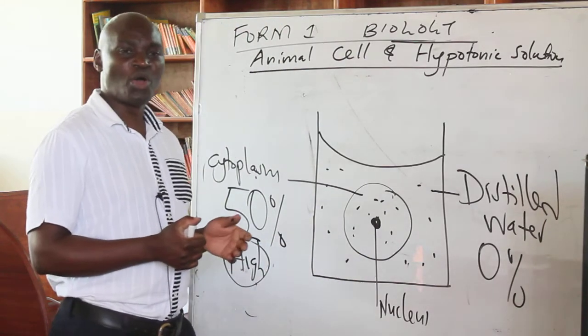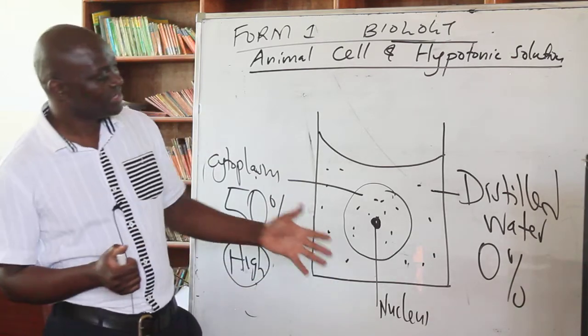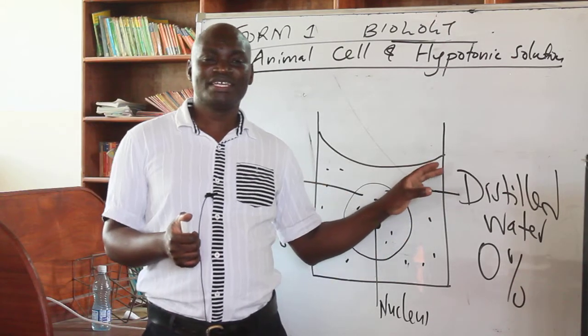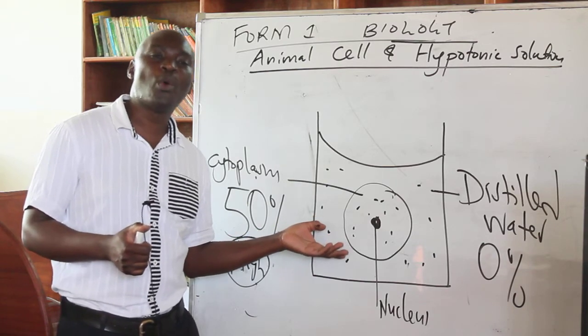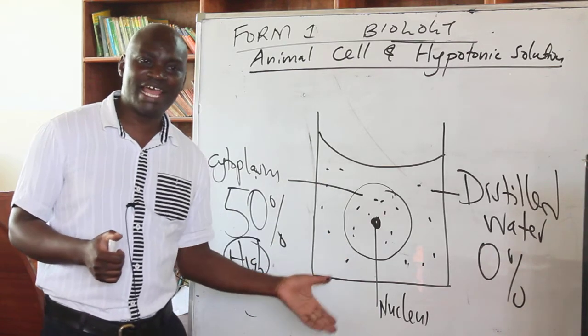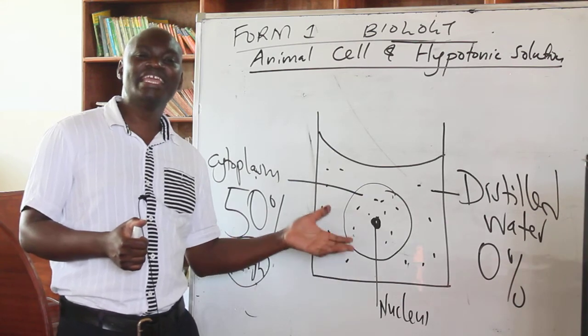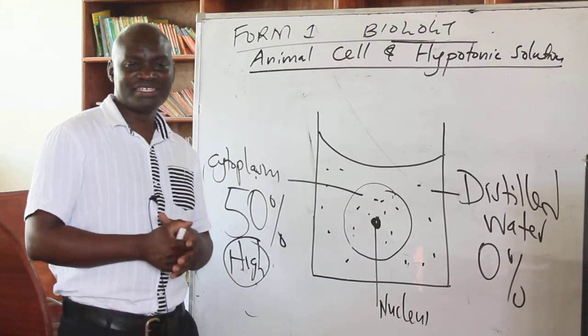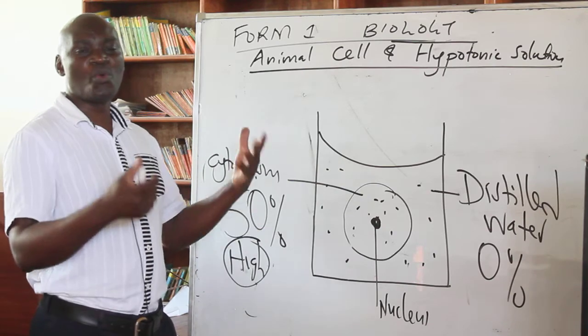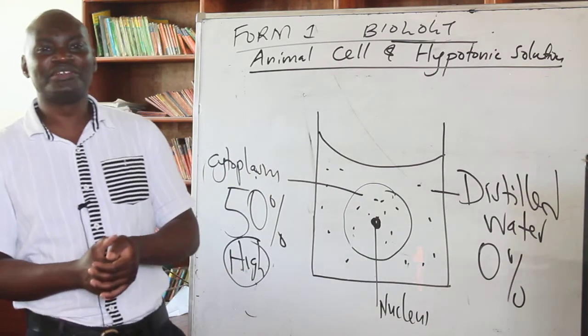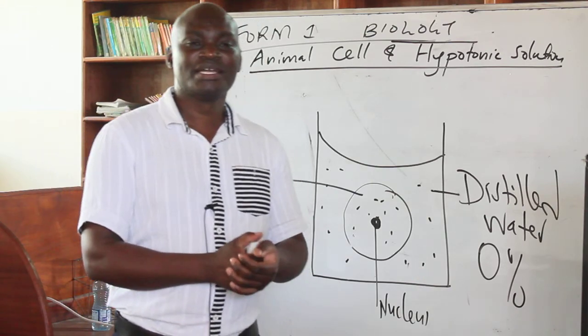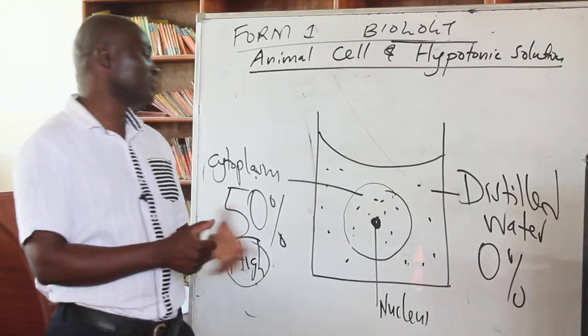So we are going to consider a case where we have pure water, and then we have placed an animal cell in that pure water. Then we are going to ask ourselves, what will happen? So that one brings us to the end of the first session. Let us meet in the second part so that we complete this.